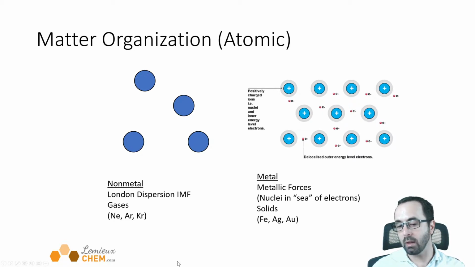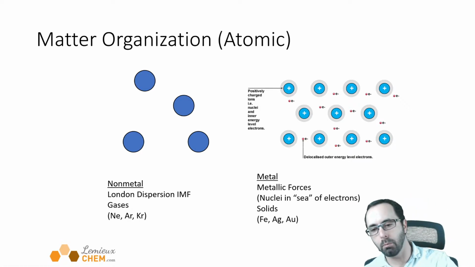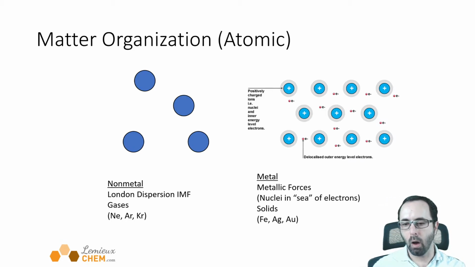Also, metals, like pure iron, silver, or gold, have individual atoms as well. However, their electrons are delocalized because they're metals. Another way this is described is nuclei in a sea of electrons, because the electrons can flow and move like water. And so we have nuclei, but the electrons are delocalized and they can move around very easily.